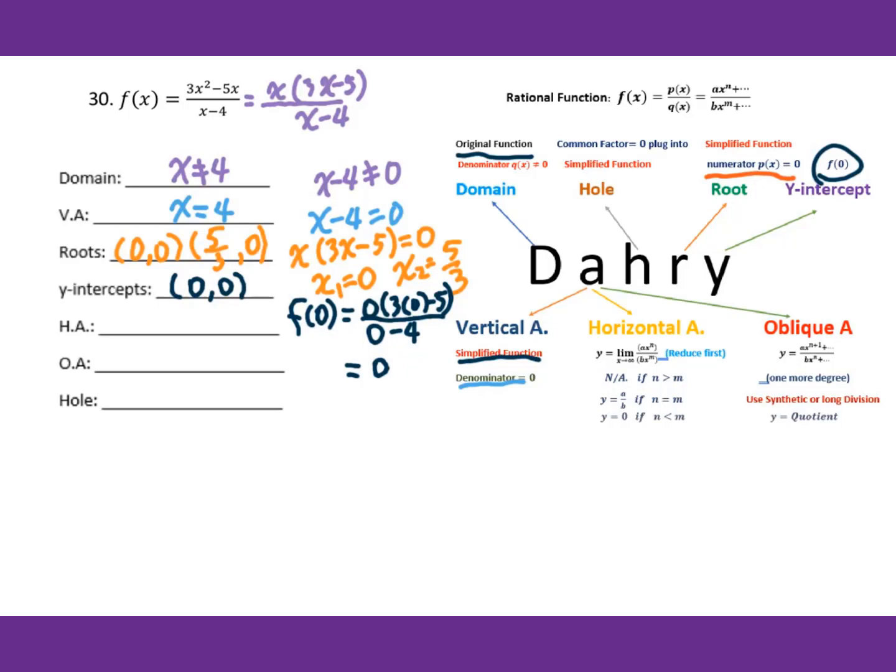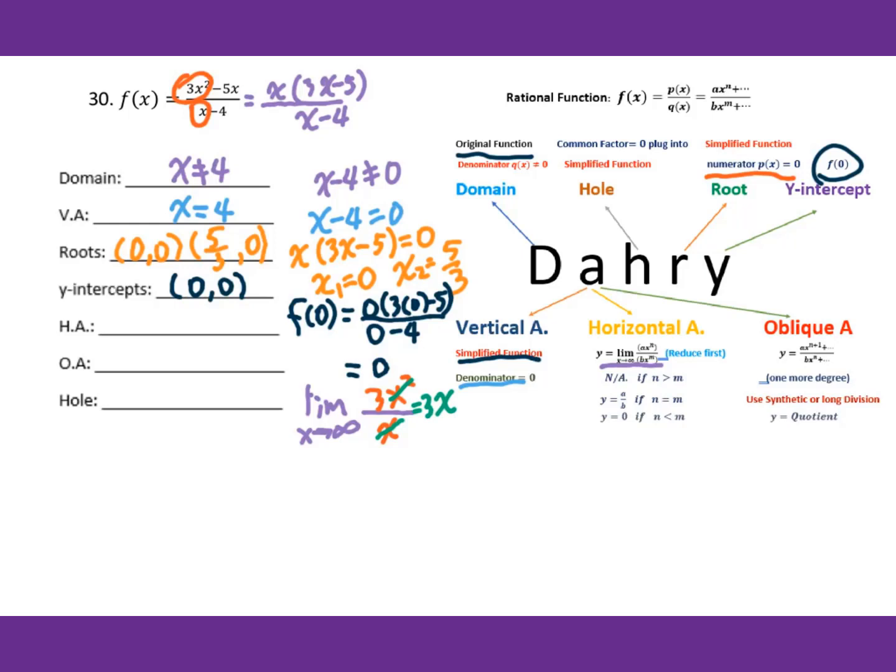Horizontal asymptote line. Let's use limit. Limit as x approaches infinity. For leading term, use the original. This time you got 3x squared over x. Reduce. Always reduce first. You will get 3x.